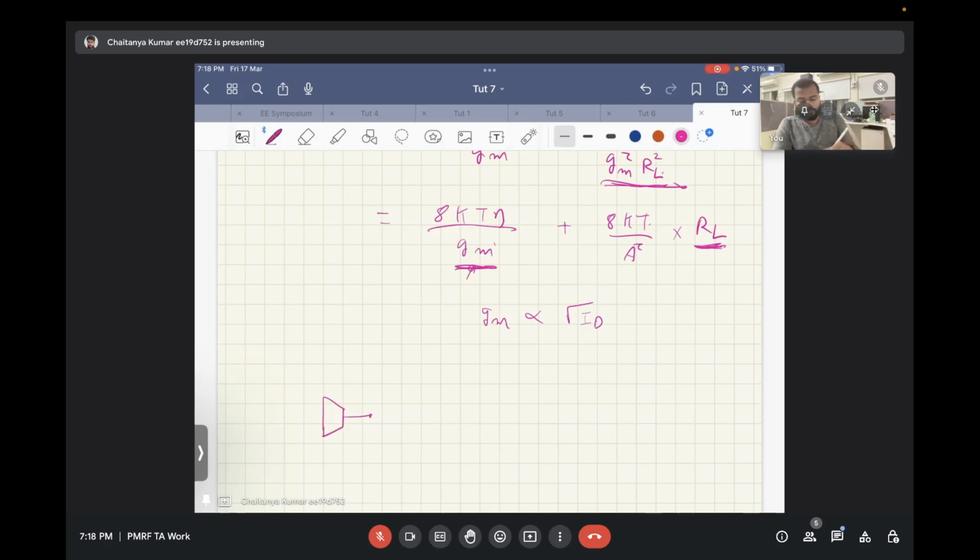So let's say there is an internal node, call it some v1, and the input is v in.